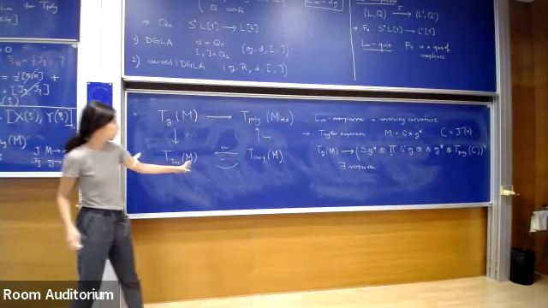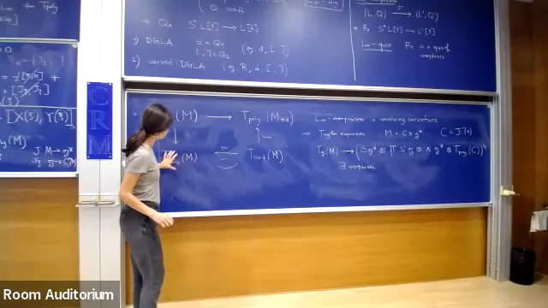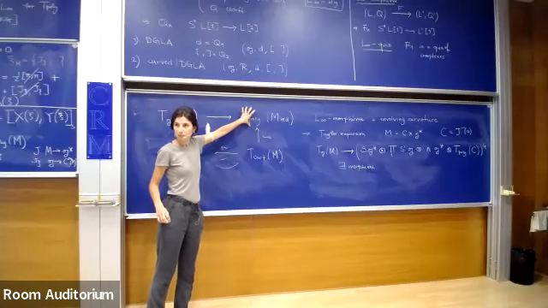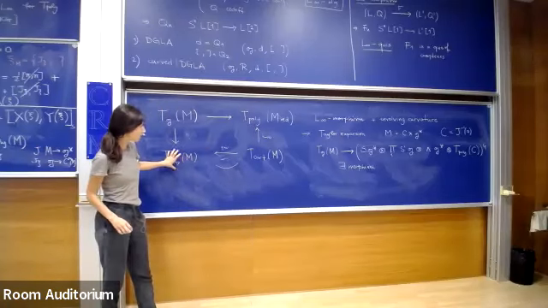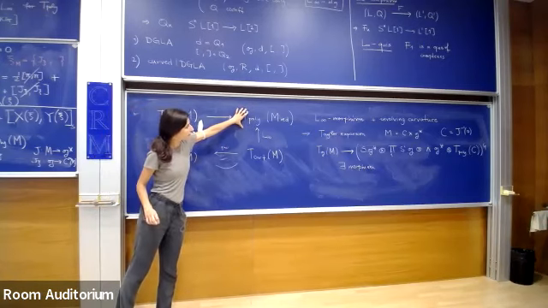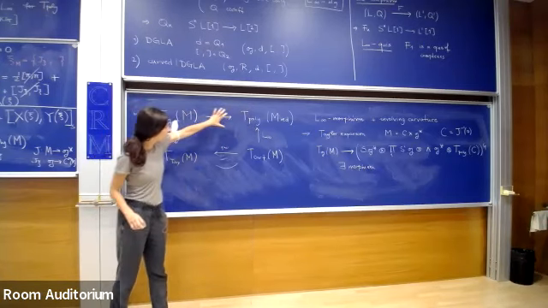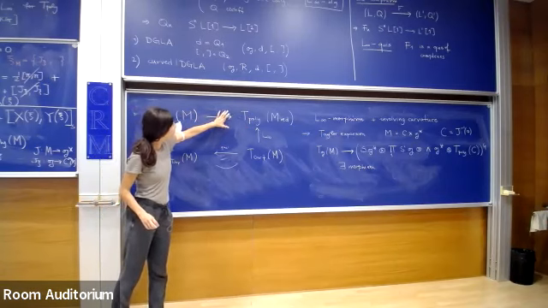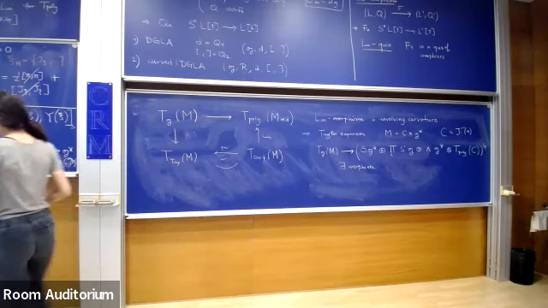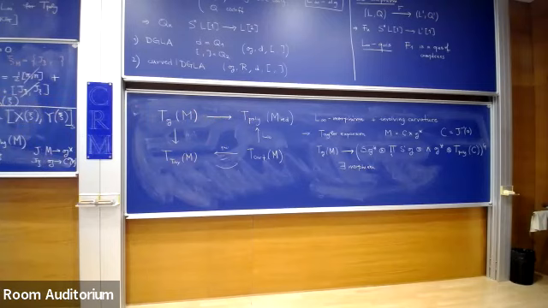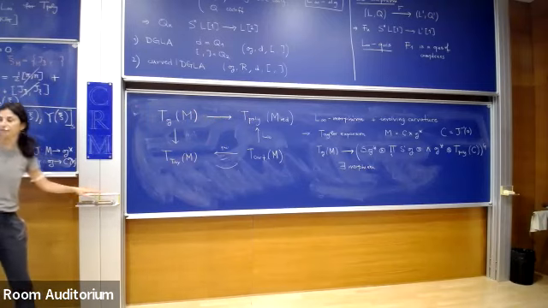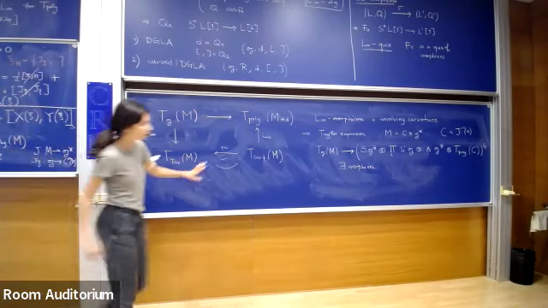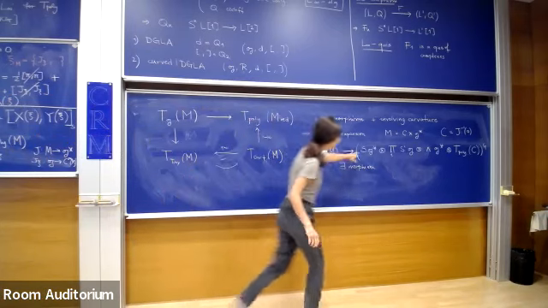But now you have to try to get from here to there. And this is the more complicated part, where you need to use some more technologies. Symmetric algebra, symmetric and anti-symmetric.